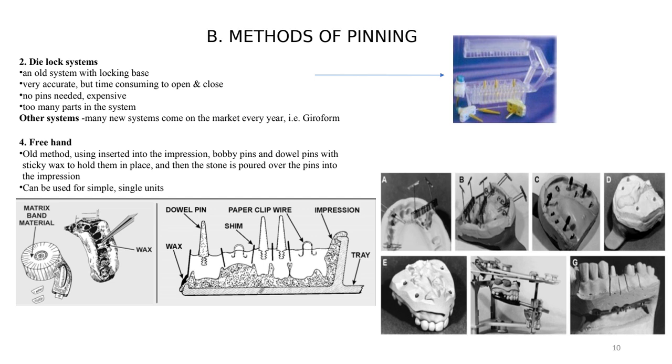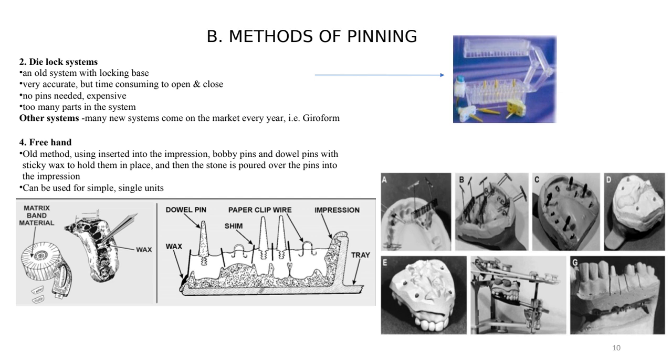You just need to insert the pins into the impression when you pour it up, and then once you pour it up, you can trim it a little bit and then put it into your articulator. So it's a very nice and easy system to work with, but again, it's a disposable articulator. It doesn't have all the functions of a semi-adjustable articulator, so this is recommended mostly for simple cases.